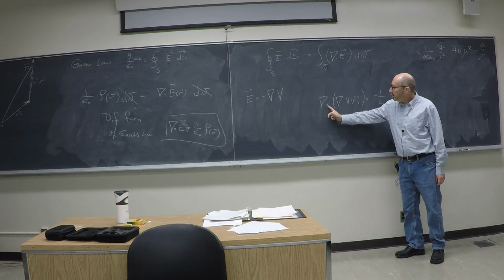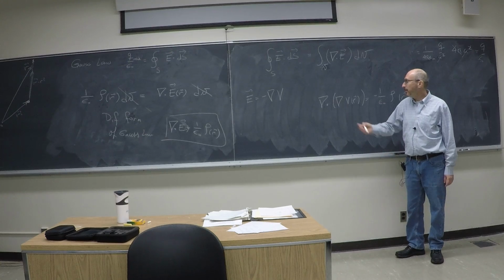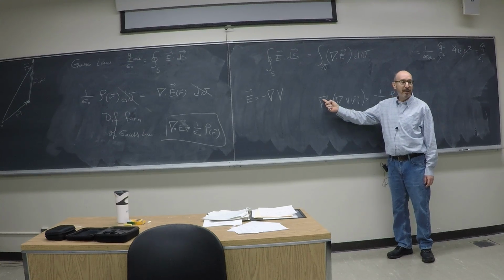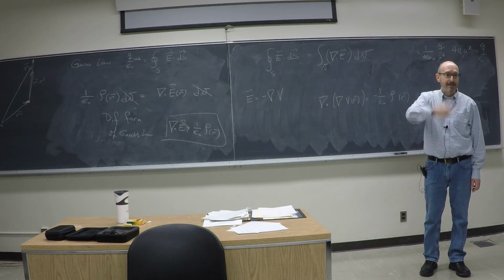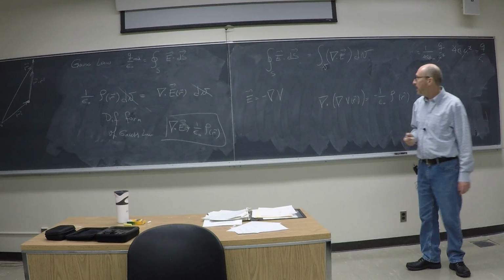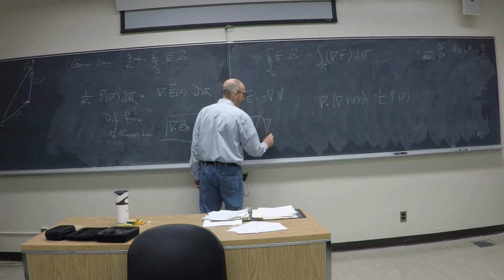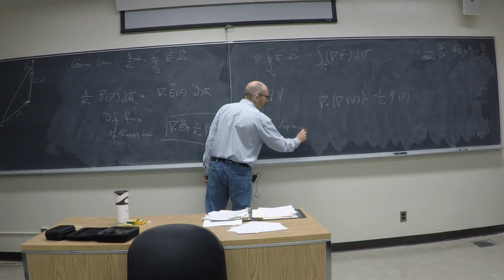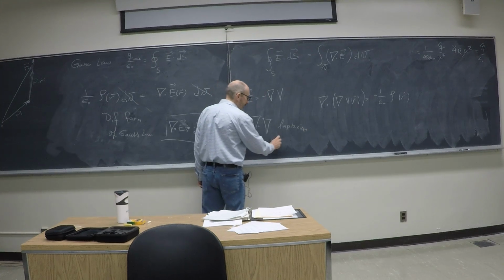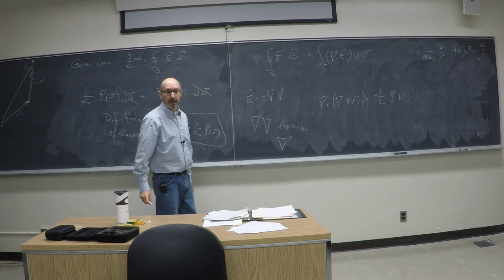But these two together make a Laplacian, okay? In Cartesian coordinates, the divergence of the gradient is going to be the second derivative with respect to x, plus the second derivative with respect to y, plus etc. This has a special name called the Laplacian, and it is so important that it even has a special symbol, the nabla squared, okay?